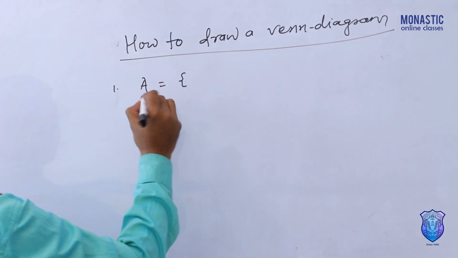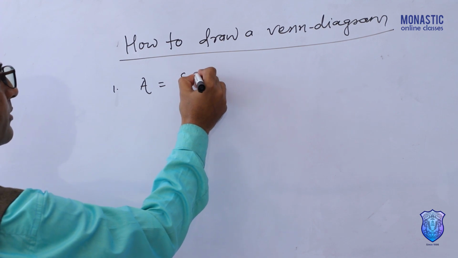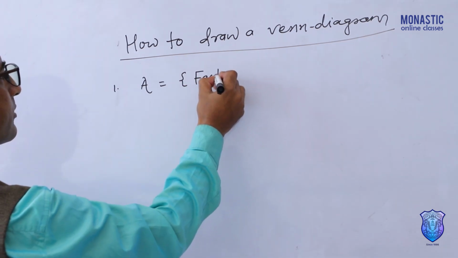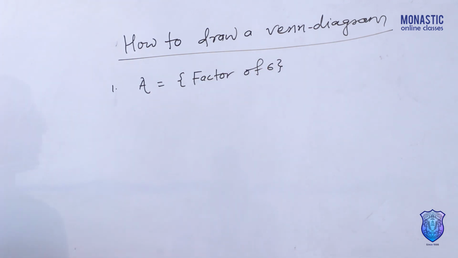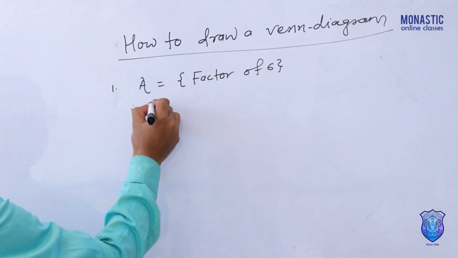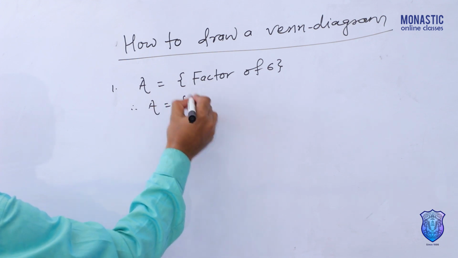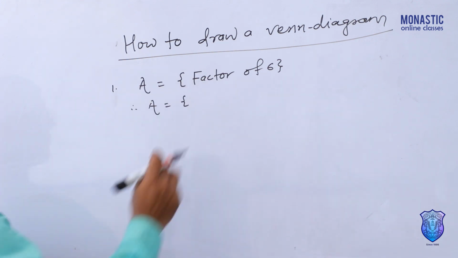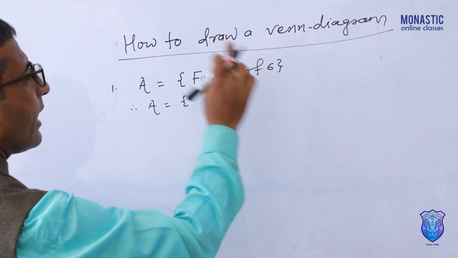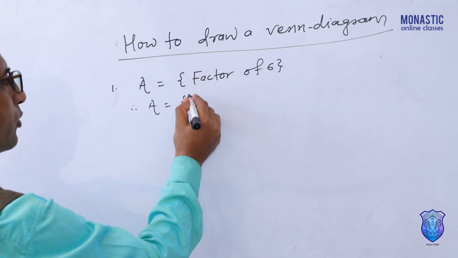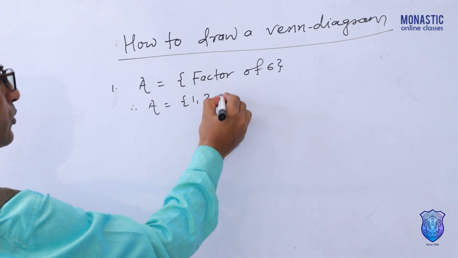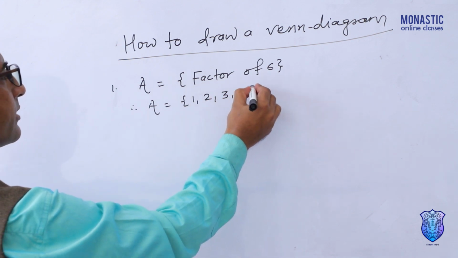If it is given A is the factor of 6, you know that factor means the numbers which will exactly divide this, that is 1, 2, 3 and 6.